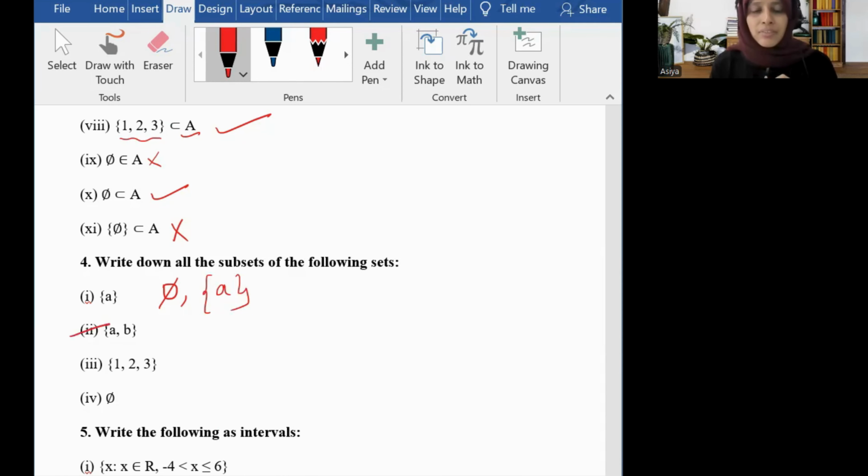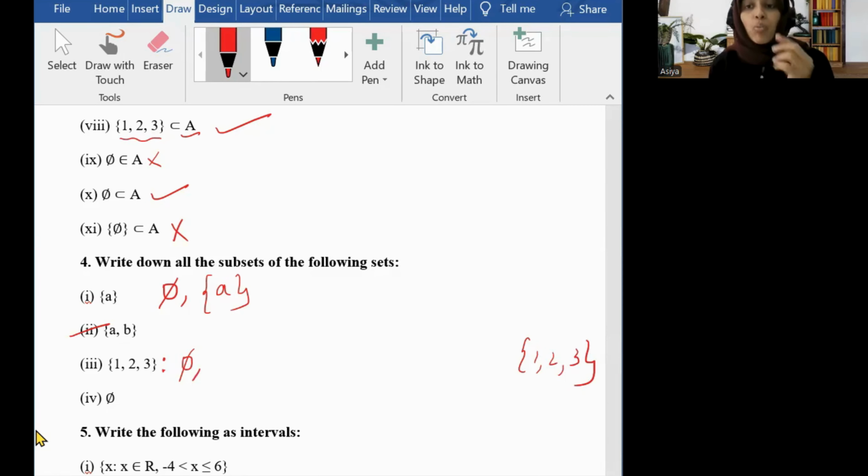Now, the second one will be given as homework. Let's go for the third one. I have to write down all the subsets. What did I say? Always remember this. A null set will be a subset of every set, and also the set itself will be a subset. So these two sets are mandatory whenever you're writing subsets.